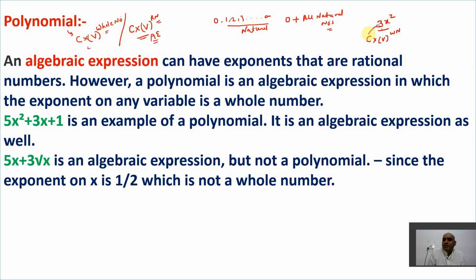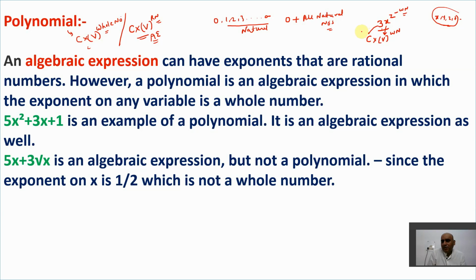Now this 3 is what? Constant. X is what? Variable. All the variables are like this: x, y, z, t, something like this. These all things are called variables. So this 3 is a constant, x is a variable, and power 2. So 2 is actually a whole number. So that means 3x to the power 2 is a polynomial.